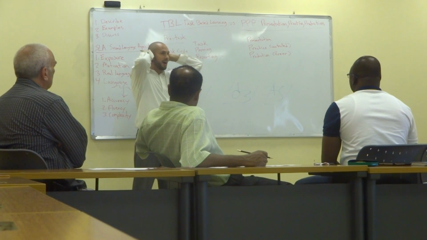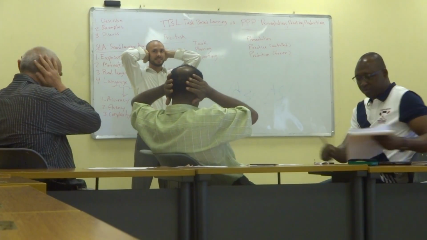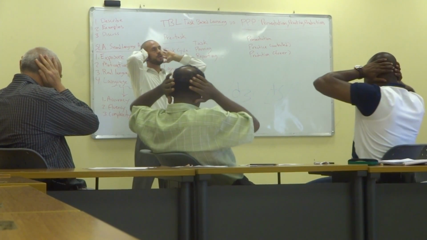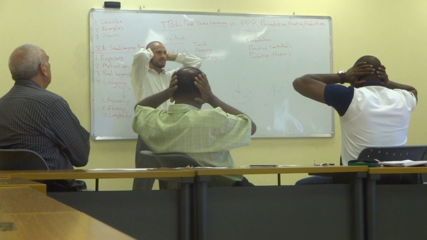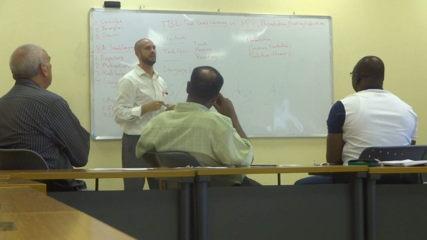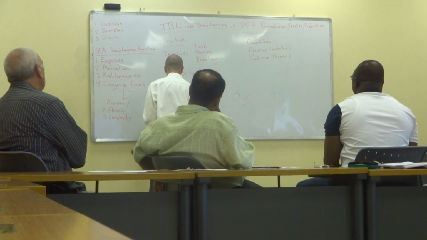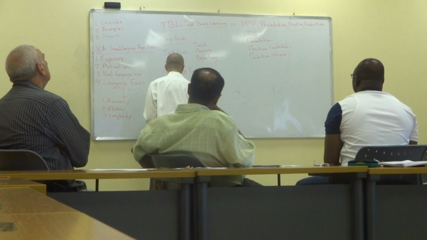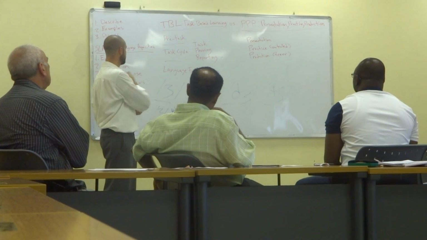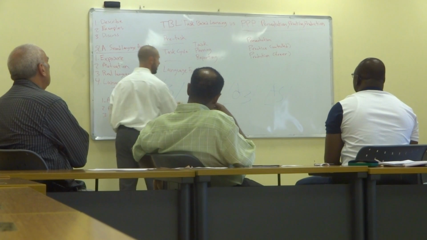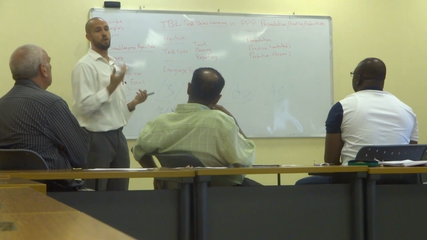I want you to put your hands over your ears and pronounce the S. Then go to the Z. What's the difference there? Vibration. Yeah, vibration is the difference between a Z and an S. Vibration is your vocal cords.